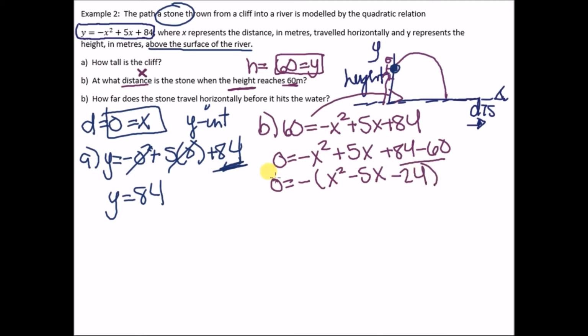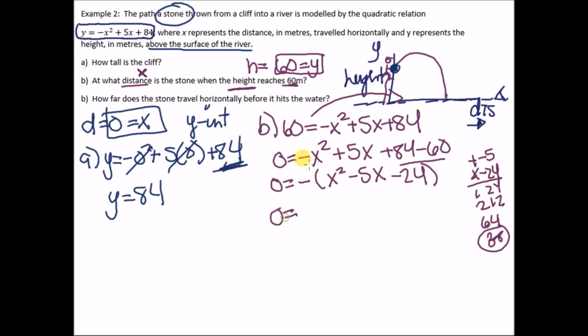What two numbers multiply to negative 24 and add to negative 5? 1 and 24, 2 and 12, 6 and 4, 3 and 8. Ooh, 3 and 8. The negative has to go on the greater number, so it's negative 8.